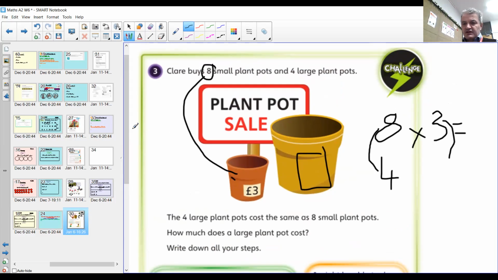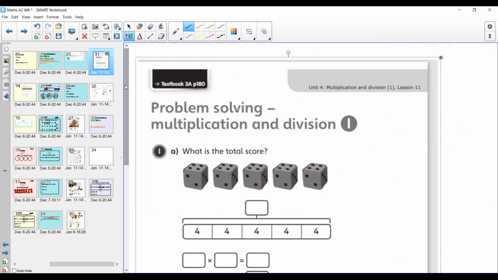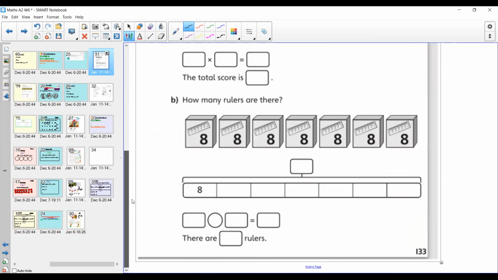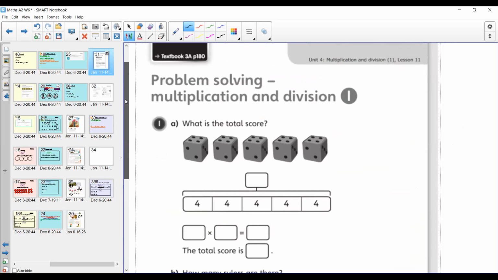Okay, what we're going to do next is go on to the problems that we're going to solve ourselves. And that's your turn to get stuck into questions. The questions today we will find on page 133.